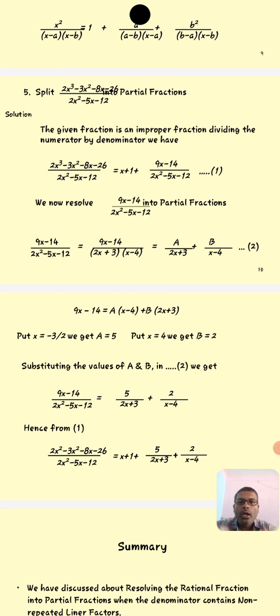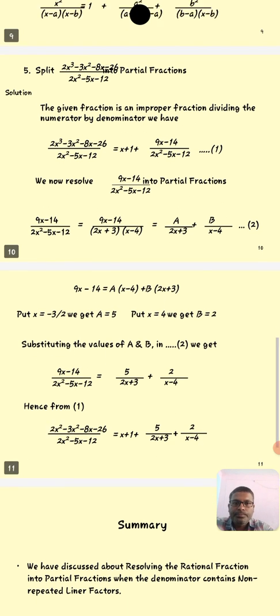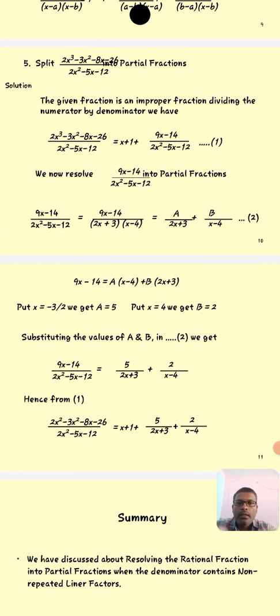Now, how many factors are there? Two factors, and those factors are non-repeated. So we write in the partial fraction format A divided by 2x plus 3 plus B divided by x minus 4. Here two factors are there, so write A by something and B by something.